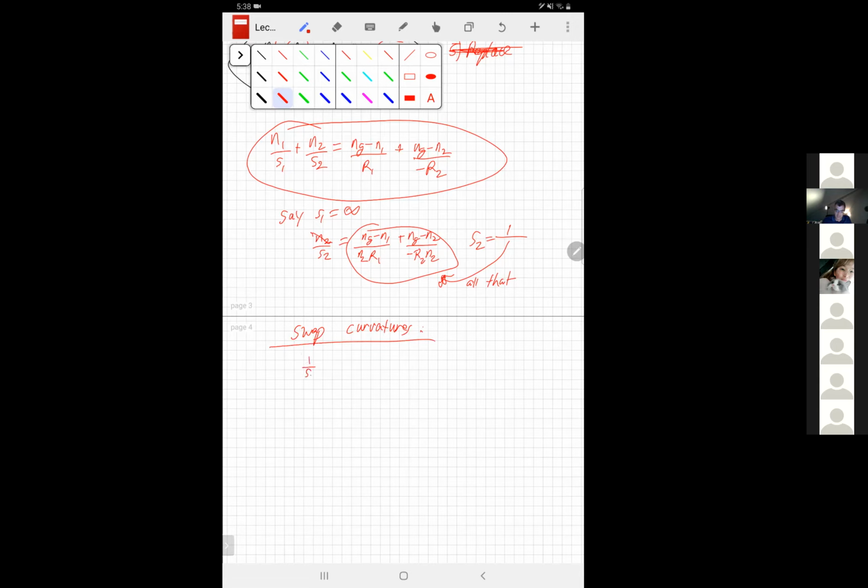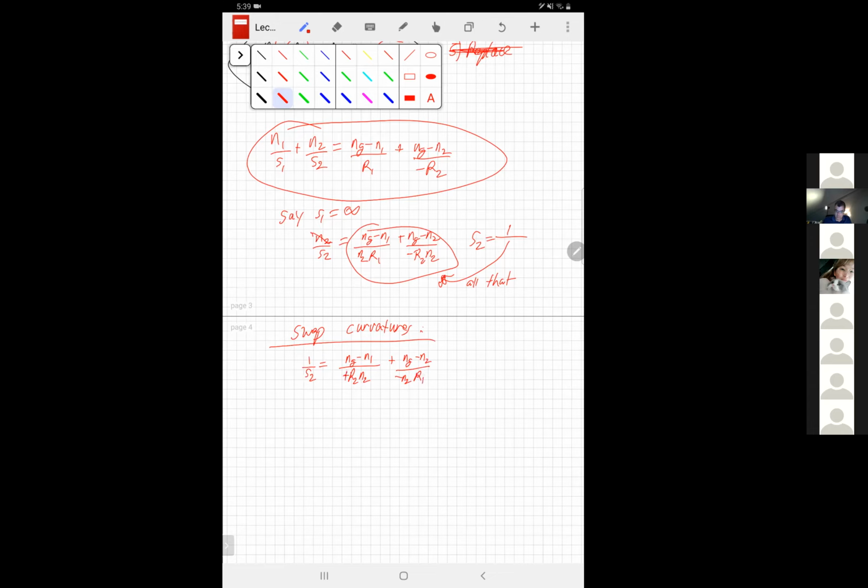Well, now 1 over S2 is equal to NG minus N1 over, if I'm swapping the curvatures, I'm also multiplying by minus 1. NG minus N1 over negative R2 N2 plus NG minus N2 over N2 R1.